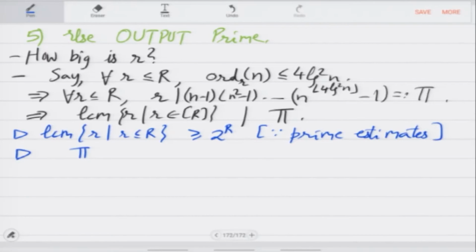So this is at most n^(16 log^4 n), at least smaller than that. Okay. So which will mean that if the LCM divides it, then pi has to be bigger than this.